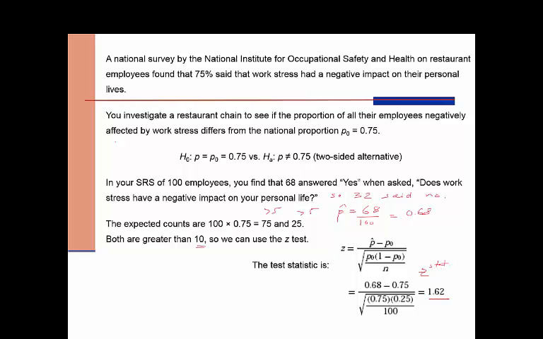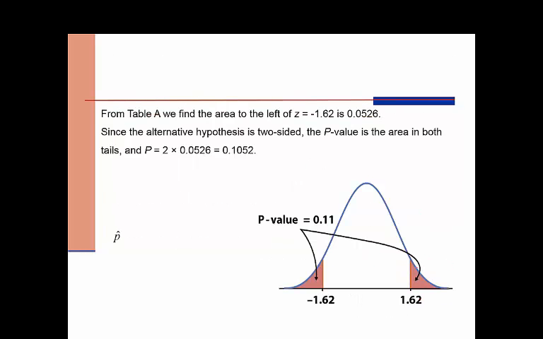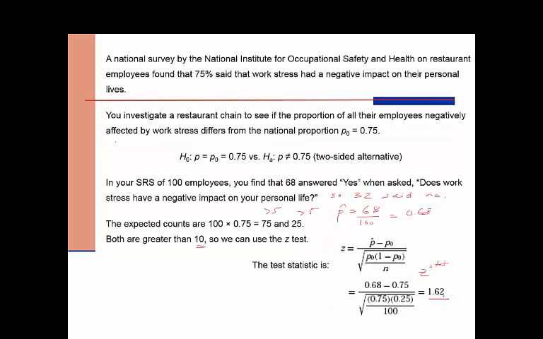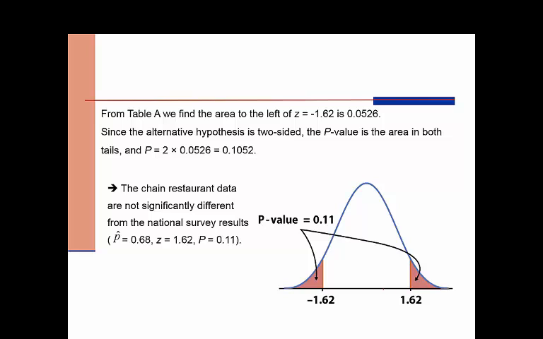Okay, and then you can go to Minitab and put in the value of 1.62, right? And we've practiced that many times now. You should be able to do it by yourself. You should put in a z value of 1.62 and find out that the p-value is equal to 0.11.